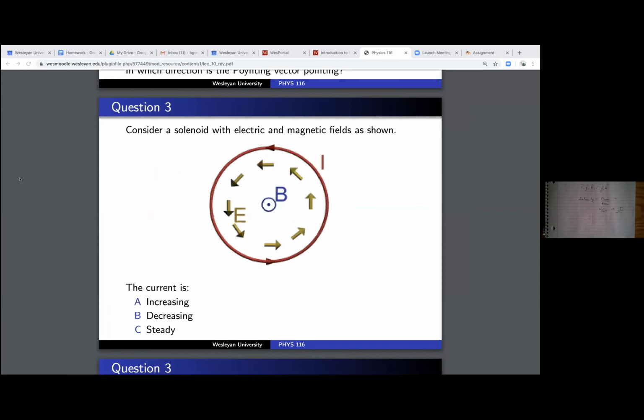I was confused because if you're thinking about the Poynting vector in this case, you said that the Poynting vector is pointing towards the wire with the current. So I was thinking that energy is flowing into the wire, which would mean that the current is increasing. I was wondering why that method of thought doesn't work in this case.